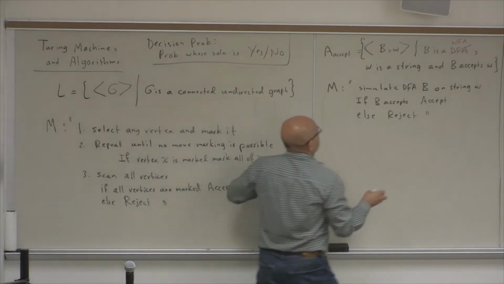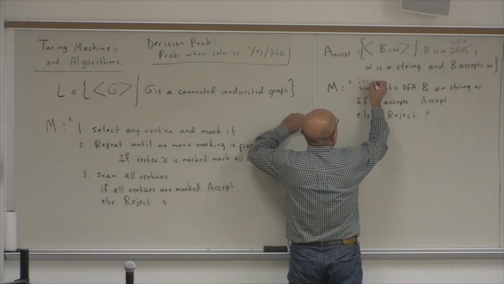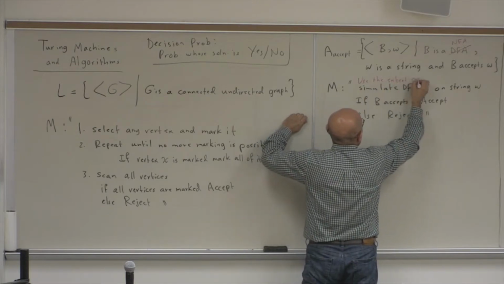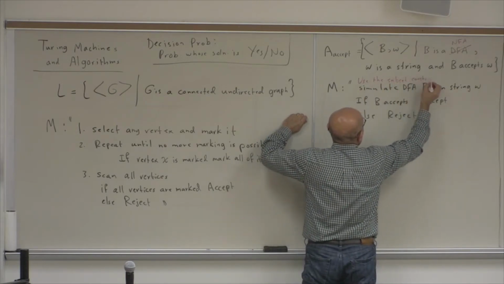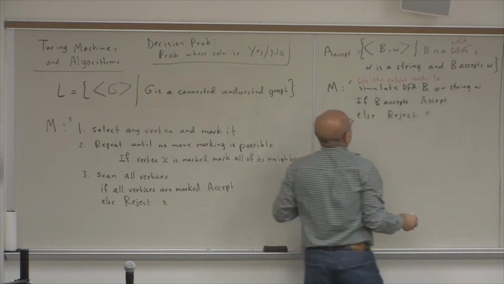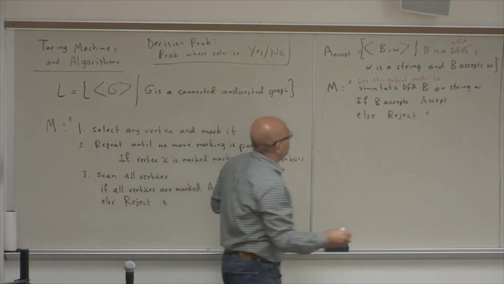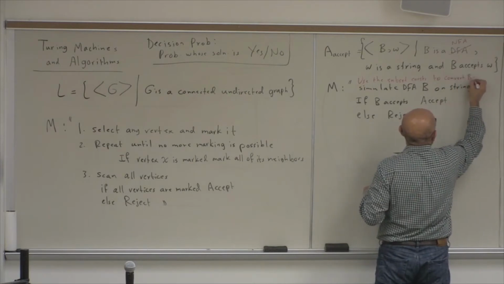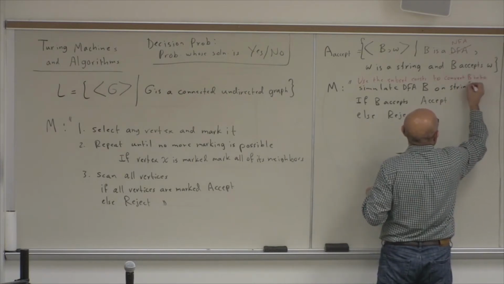So step number 1, use the subset construction to convert B into a DFA.